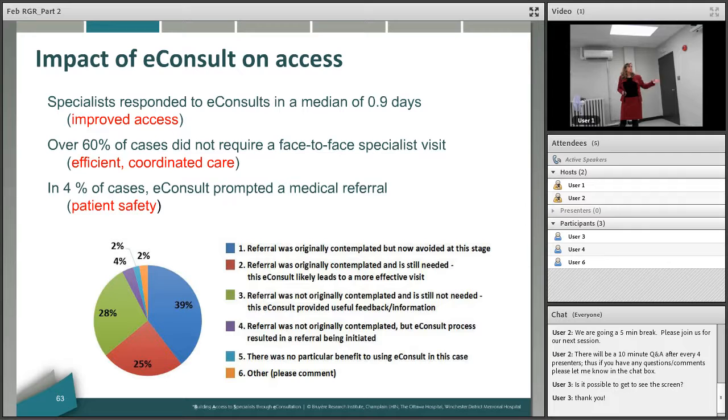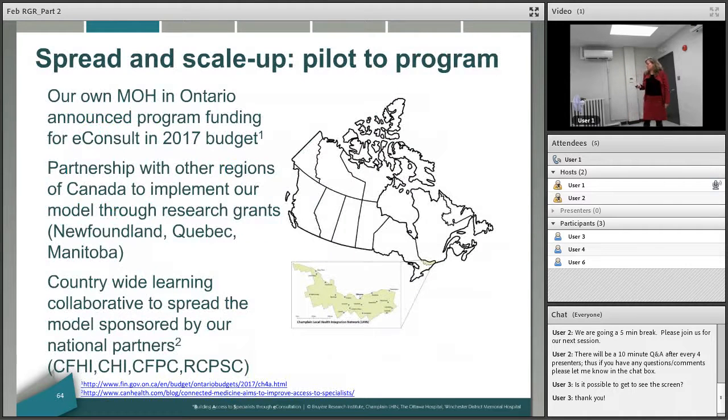So we have a median response of improved access in less than a day. 60% of the people who have an e-consult do not need to go on to have a face-to-face visit. And in 4% of the cases, what we are doing is picking up where a referral should be made. So that's a real great patient safety catch for family doctors and their patients.